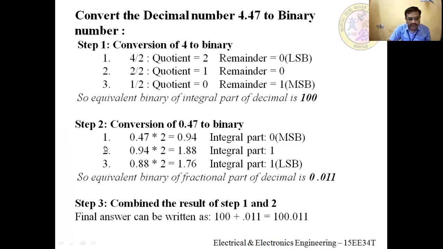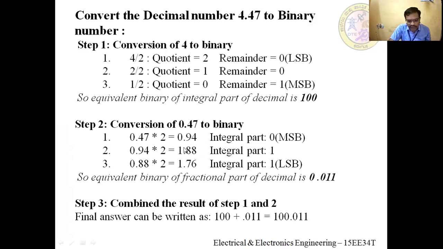So in step number 2, we have to take only the fractional part of the product in step number 1. So in step number 1, what is the fractional part? 0.94. So 0.94 into 2 is equal to 1.88. Again, you separate the integer part. So the integer part is how much? 1.